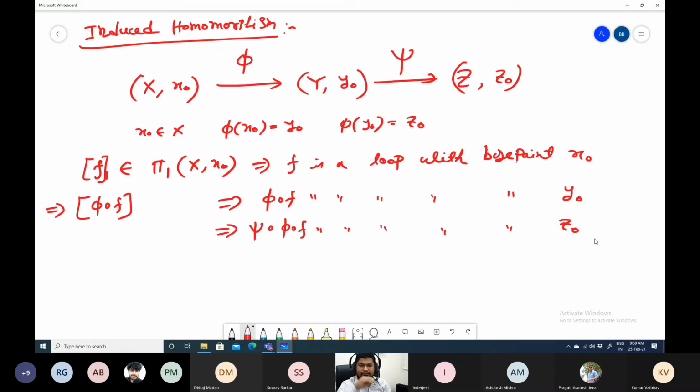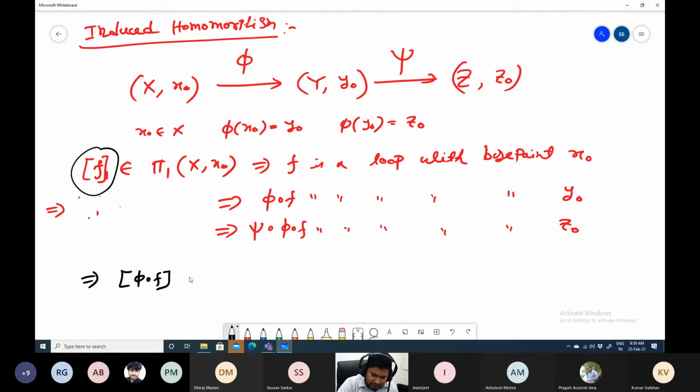Yes, sir. It's clear. Just ask me if you have any doubt. Okay. Now that implies if f belongs to pi1 of (X, x0), that class of loops maps into pi1 of (Y, y0).